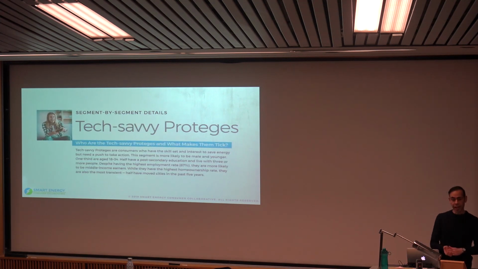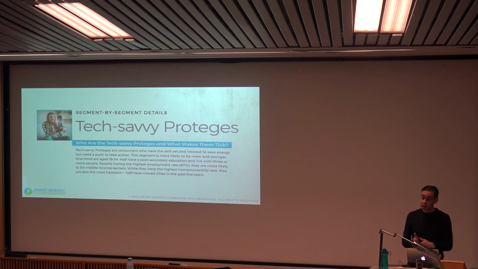Then we have the tech-savvy protégés. They're younger. Their income level is still high, but not as high as the green innovators. So they're very interested, but they need additional motivation. They face some barriers. Some of these barriers may be the relatively lower income that they have compared to the green innovators.